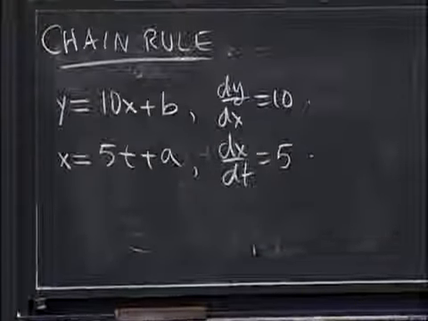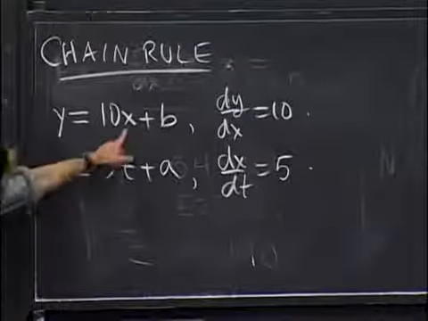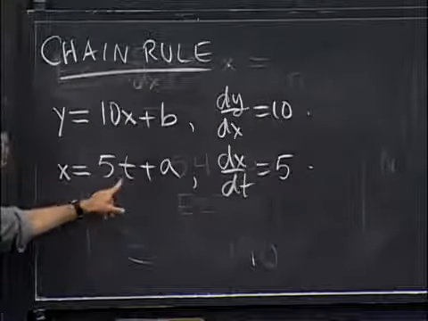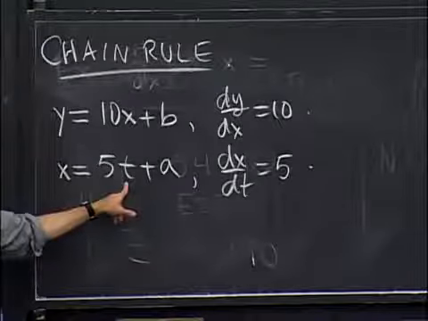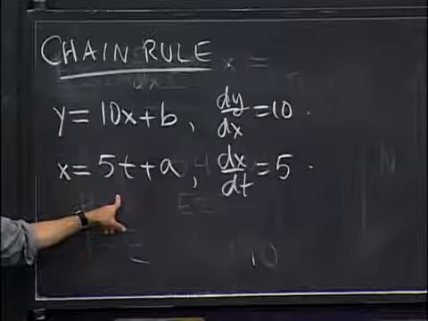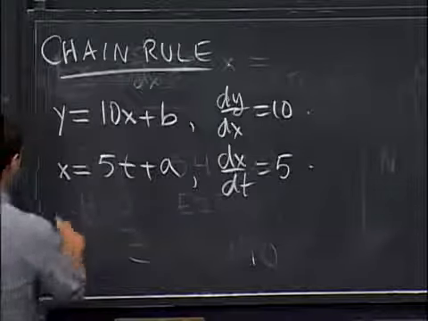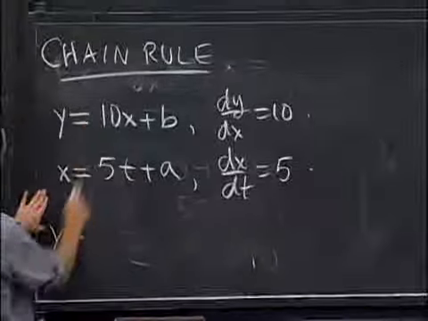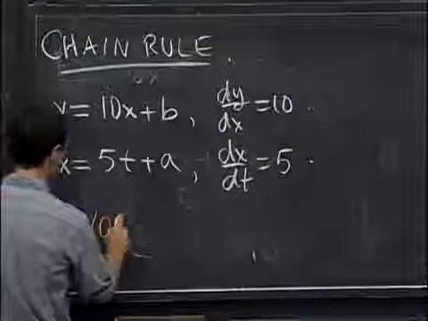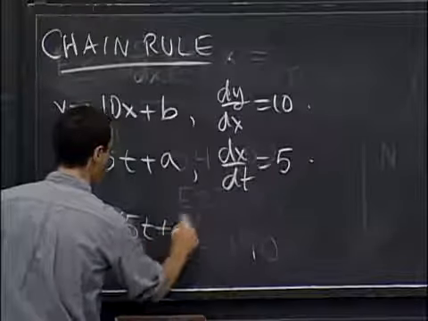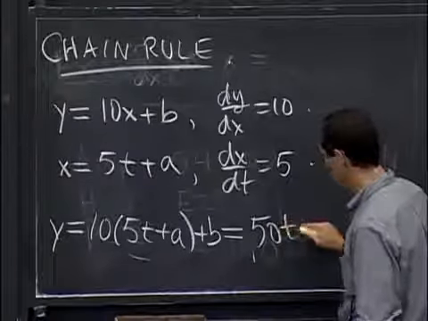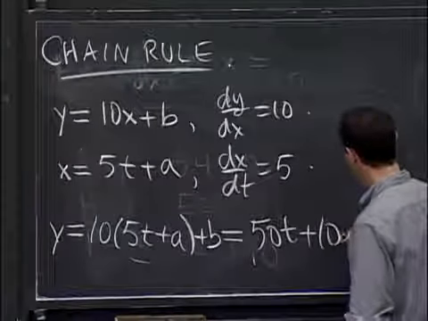Now, all the chain rule is saying is that if y is going 10 times as fast as x, and x is going 5 times as fast as t, then y is going 50 times as fast as t. And algebraically, all this means is if I plug in and substitute, which is what the composition of the two functions amounts to, 10 times (5t plus a) plus b, and I multiply it out, I get 50t plus 10a plus b.